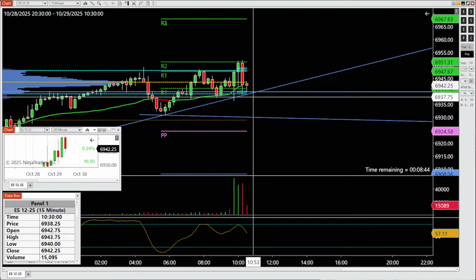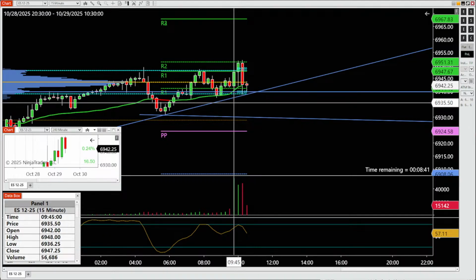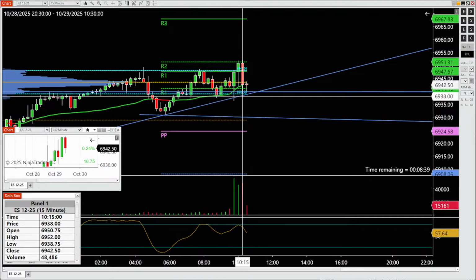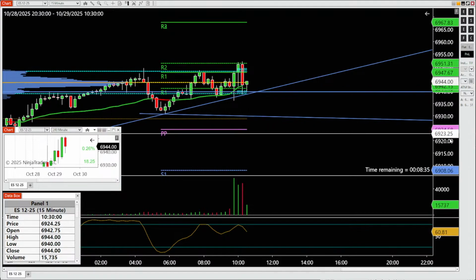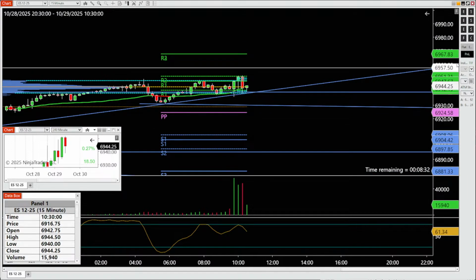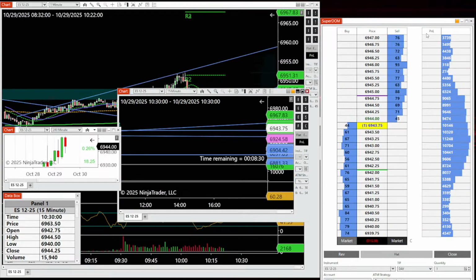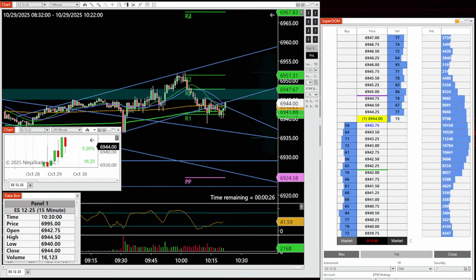39. We did come down and test 30 to 36 and a quarter right here. We bounced off to 38. And there you go. They're sweeping the shorts and the stops for the higher move.